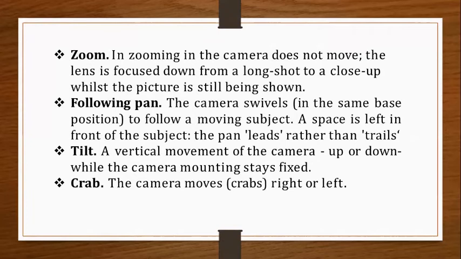On the other hand, to zoom out means to go the other way, or to make your subject smaller in the frame. The lens zooms using the dial on the top of the camera. Next we are talking about the panning.